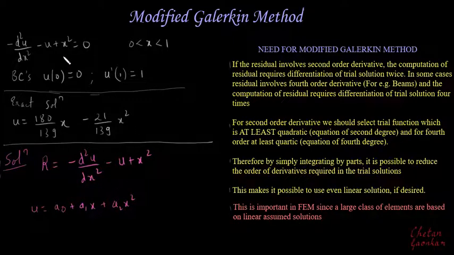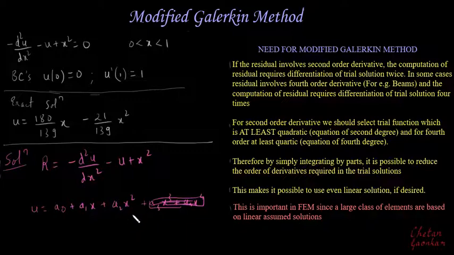If this equation were of fourth order, we would need two more terms, up to degree 4, that is a3 x cube plus a4 x raised to 4. Hence the demand on the starting trial solution depends on the order of the differential equation. So we need to find if there is any method by which we can reduce the demand on the starting trial solution.